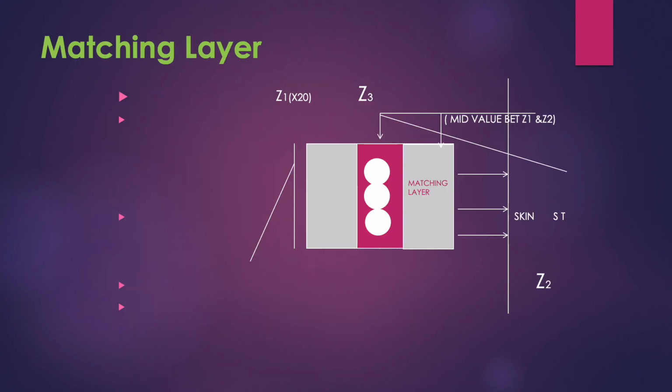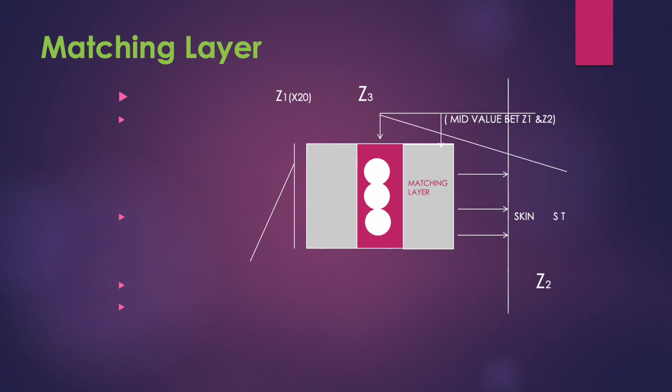So if we see here, we have PZT that has impedance, let's call it Z1. Z1 is 20 times higher than the impedance of soft tissue, that's Z2. We put the matching layer in the middle, and the matching layer has an impedance, let's call it Z3. It's a mid-value between Z1 and Z2.